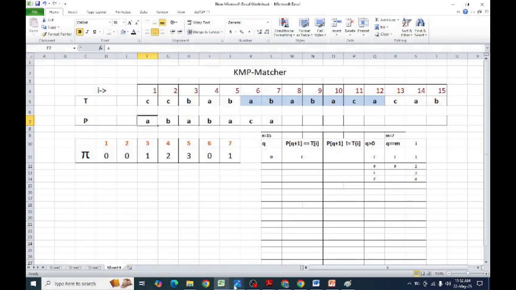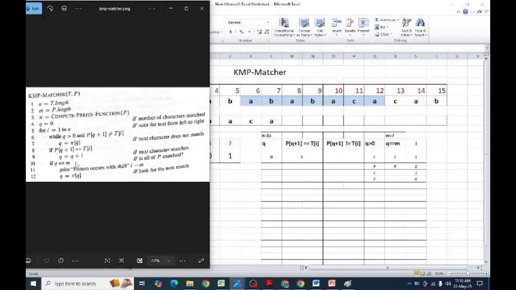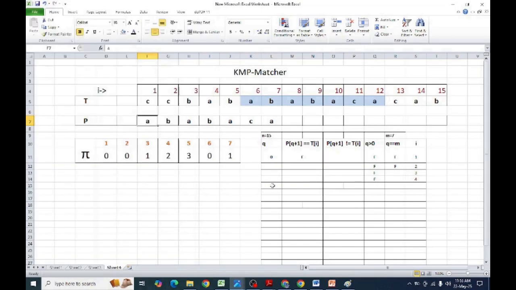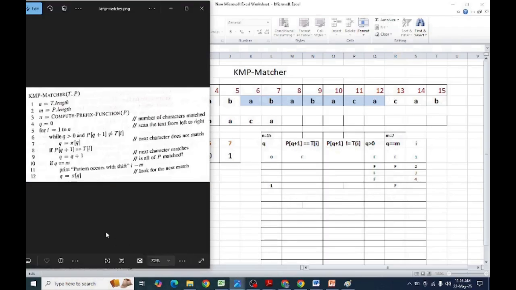Then q will be incremented, q will become q plus 1, now q is 1. q is not m, so it is false, so the statement of that if block will not work, okay. Then again we are inside the for loop, i will be incremented.